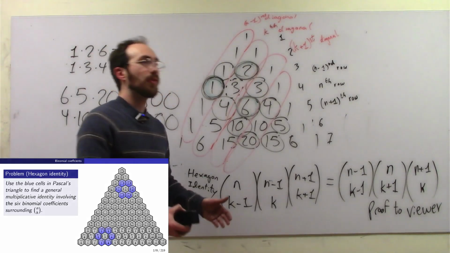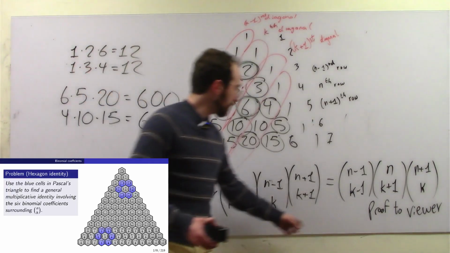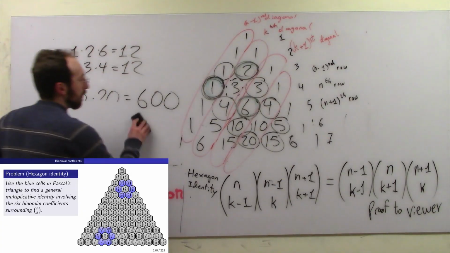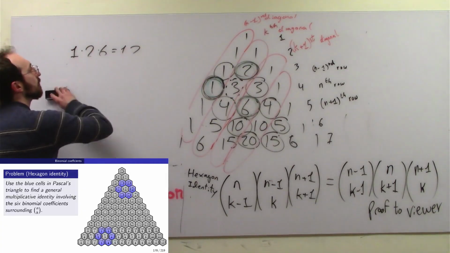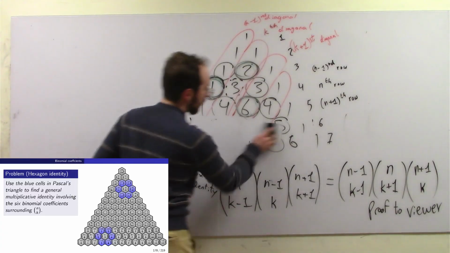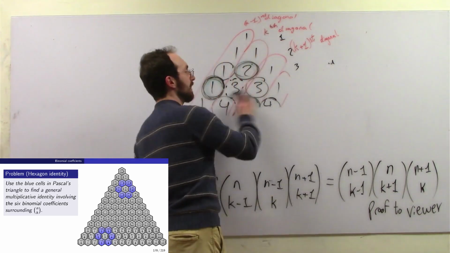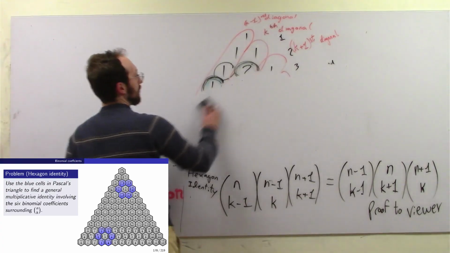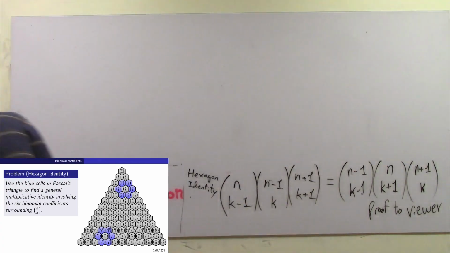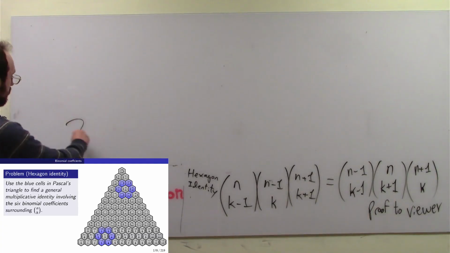If all else fails, if we don't know how to combinatorially prove such a statement, we can fall back on our numerical identity of the binomial coefficient. So let's actually start that.